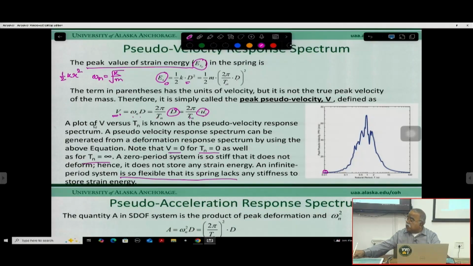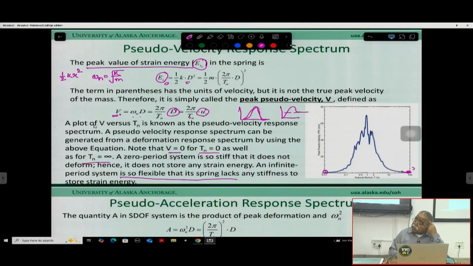So because at the high frequency or the high time period, it will be also becomes as 0. So the V picture will be always like this. Okay, so it starts from 0, this one. But the displacement spectra will be always like this, right? So that is your two difference of the velocity spectrum, right?